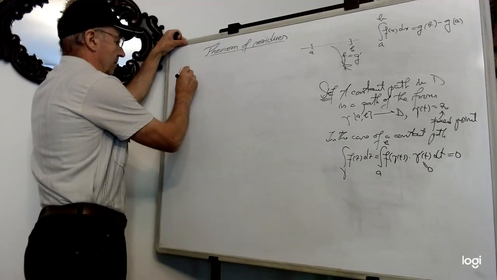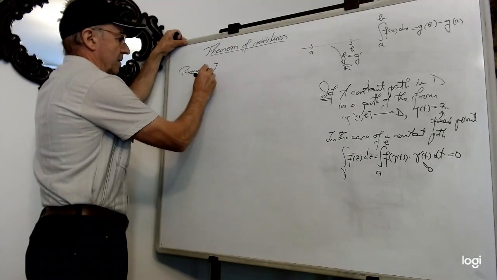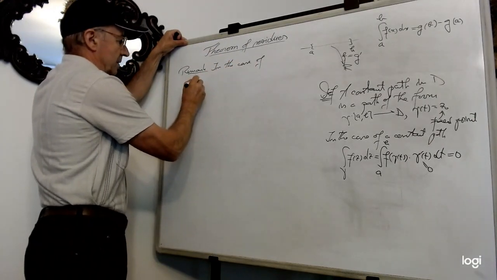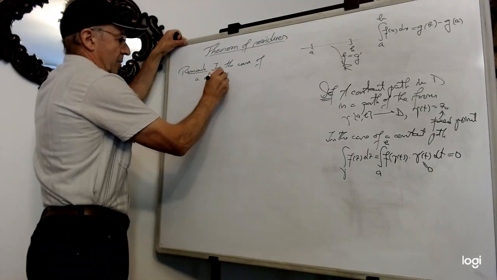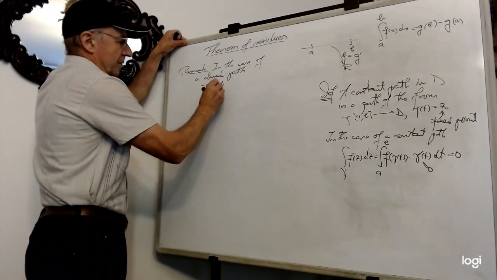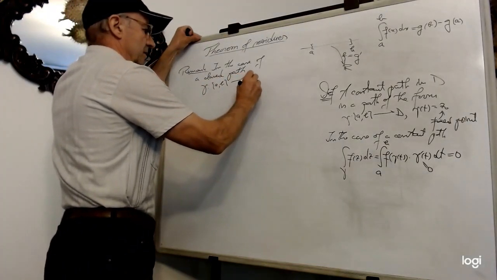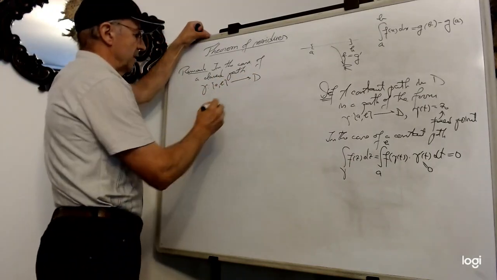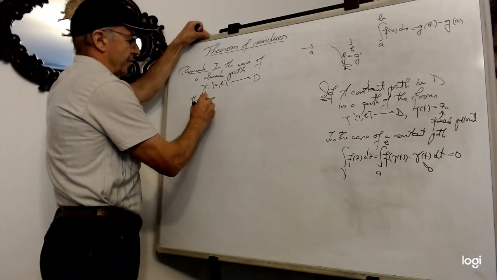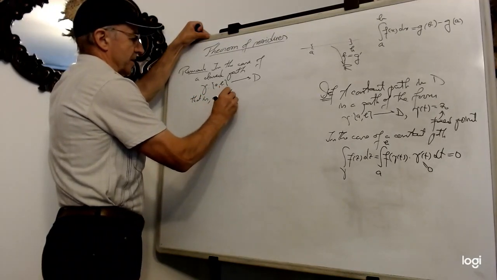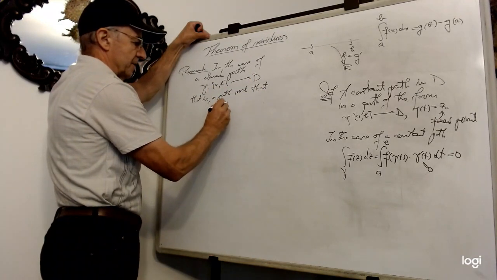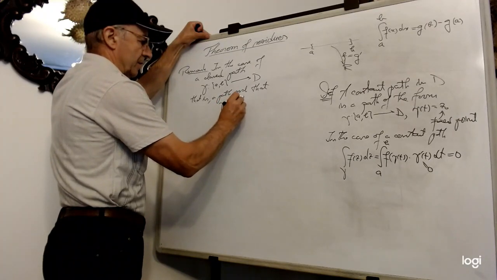Remark: in the case of a closed path gamma from [a, b] contained in a given set D, that is a path such that the starting point coincides with the end point.